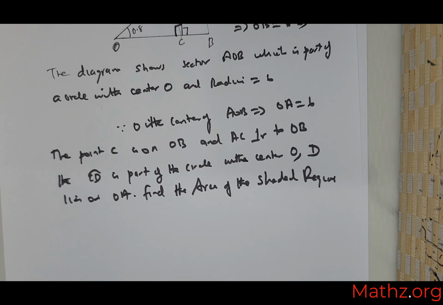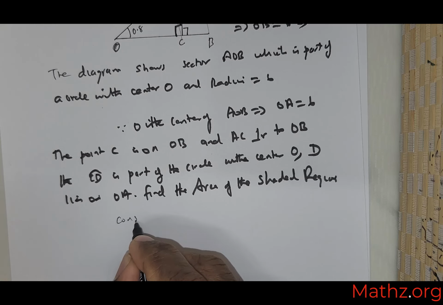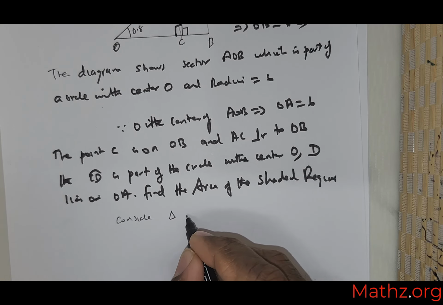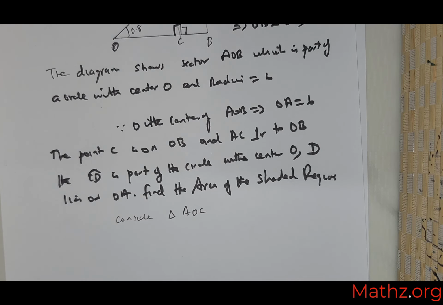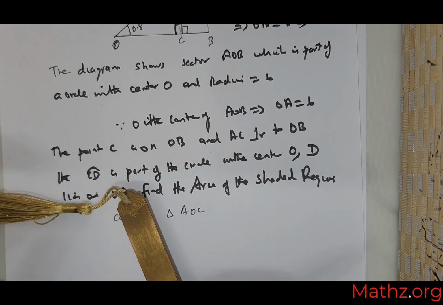Now let me draw that part of the figure. Consider triangle AOC. So that triangle is going to be like this.